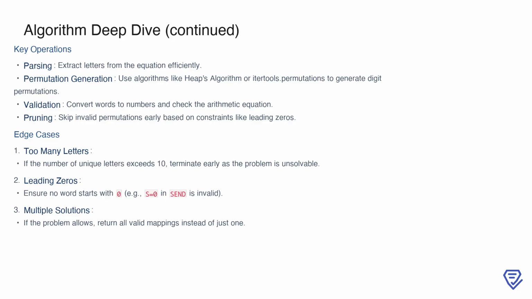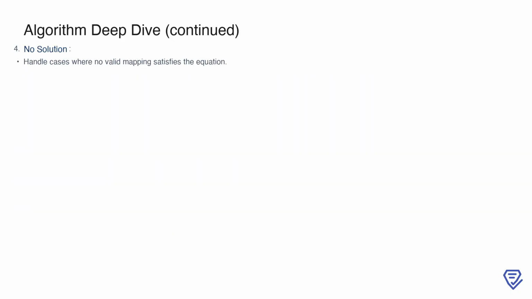If the number of unique letters exceeds 10, the problem is unsolvable, and we can terminate early. Similarly, we must enforce that no word starts with a leading zero. In scenarios where multiple solutions exist, we may need to return all valid mappings instead of just one. Finally, we need to handle situations where no valid solution exists.